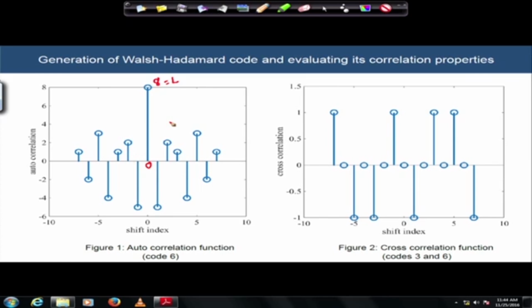Usually such codes which give you such good autocorrelation properties, as we are aware, are the PN sequences. You might have learnt about maximal length sequences, pseudo random noise sequences, and also codes such as Barker sequences.